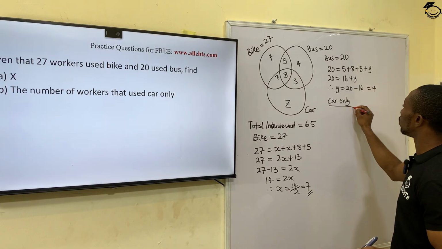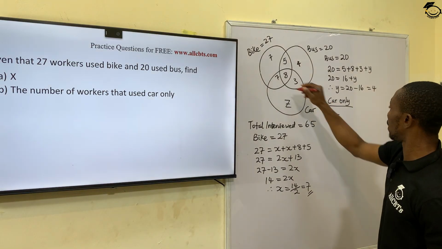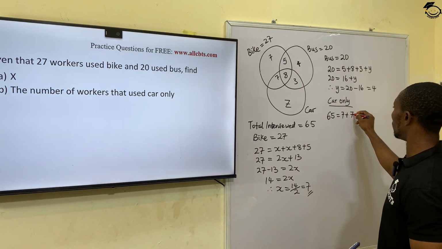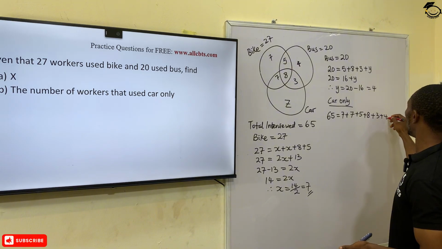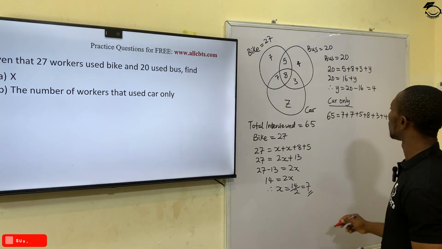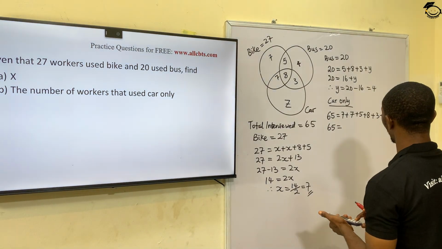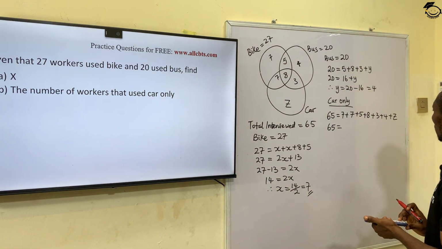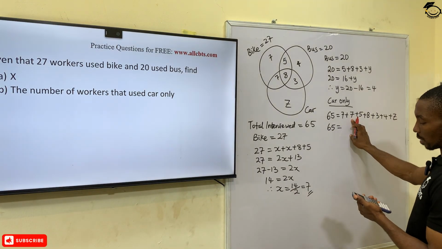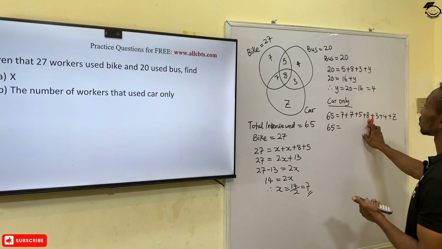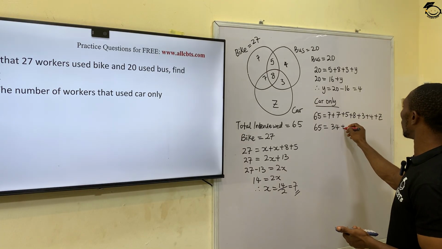So 65, which is the total number of people interviewed, equals 7 plus 7 plus 5 plus 8 plus 3 plus 4 plus z. 7 plus 7 plus 5 plus 8 plus 3 plus 4 gives us 34 plus z.